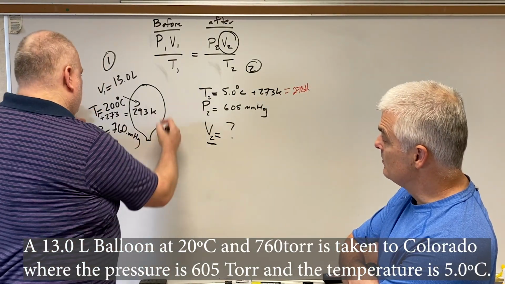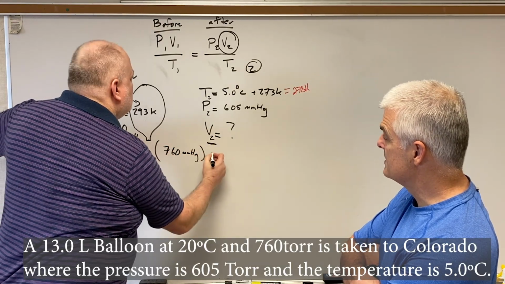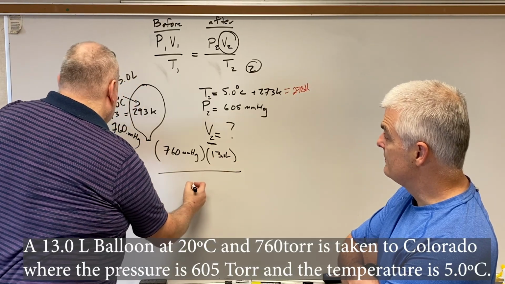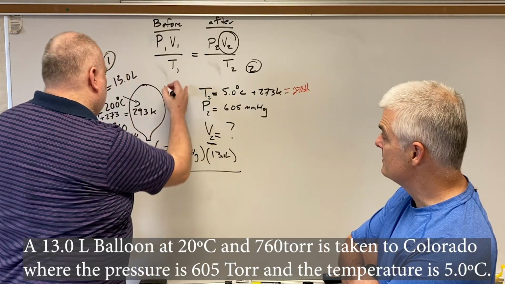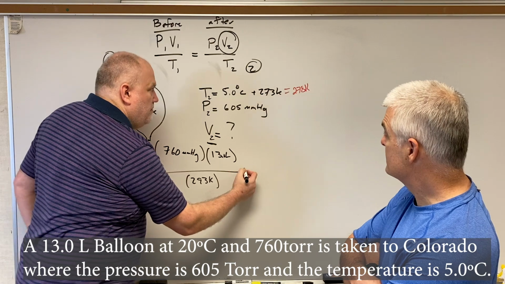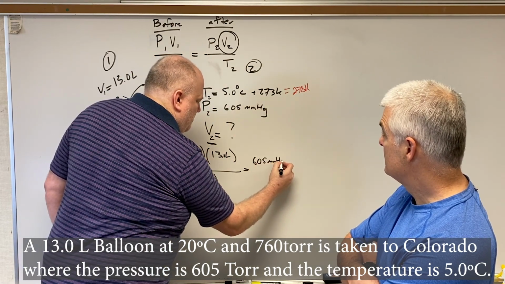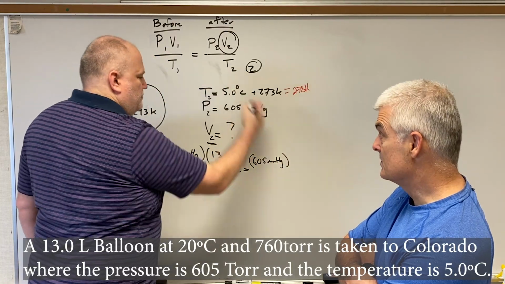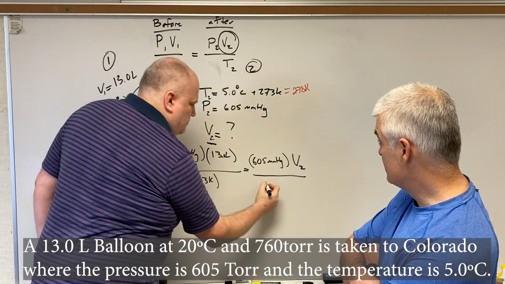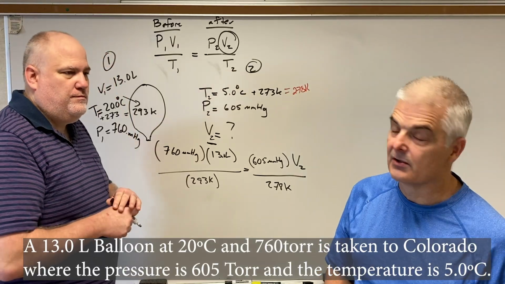So if our P1 is 760 times 13 liters, over temperature one, which is 293, equals P2, which is 605, times V2, which is just V2 because we don't know what it is, over T2, which equals 278.